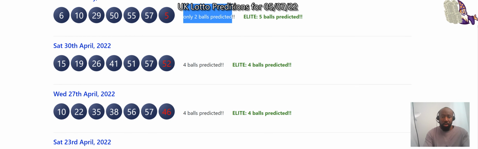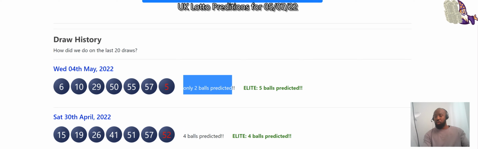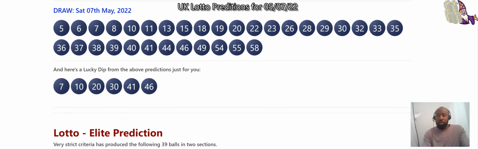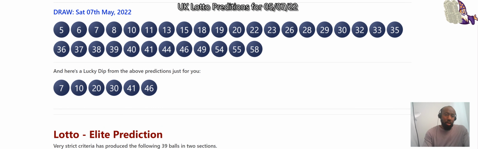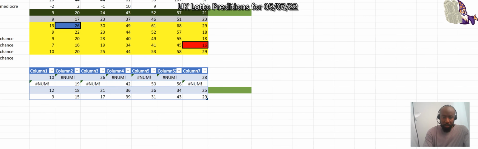If you look at the last three numbers here, they've got 57 come out like 3 times straight. So there is the probability that it will come out, and there's a probability that it won't. This is where you make that decision as to what you want to play. Now, I've given you the numbers. The numbers are there. You choose what you want to play, choose what you prefer to gamble with.